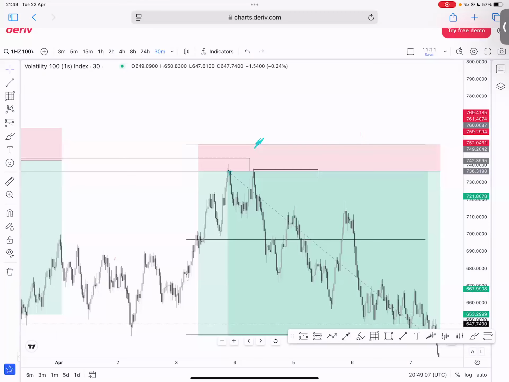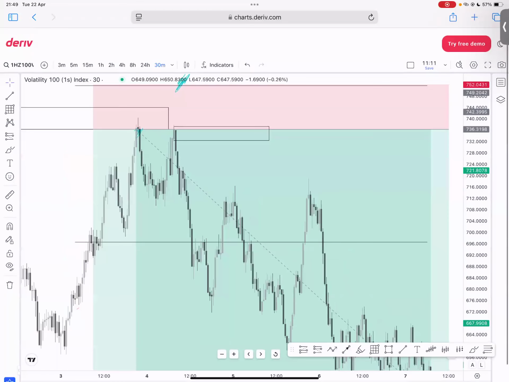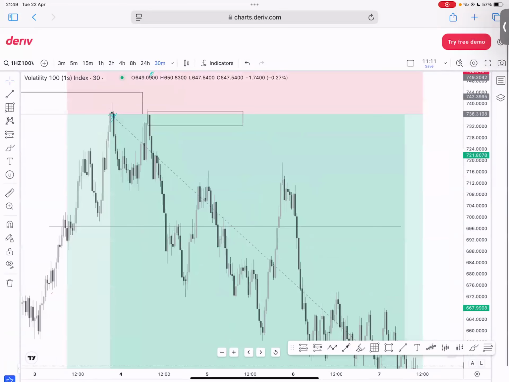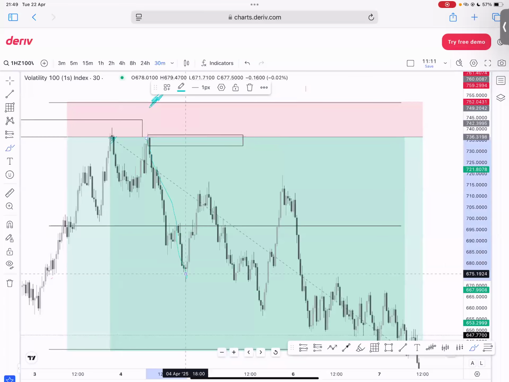Okay, and then if you look at the next engulfing that made it here, this one here. Price created that engulfing, then pulled into the discount, but then rejected and came back again into the premium.